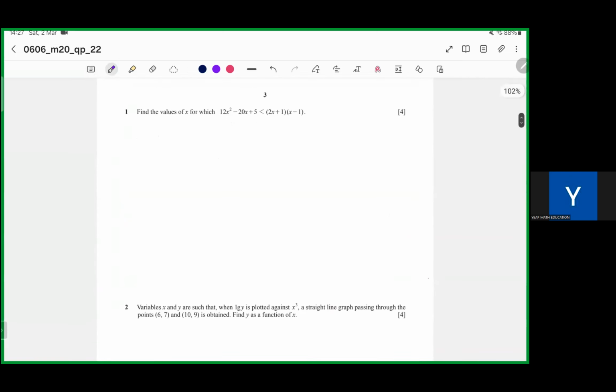Question 1 is about solving the inequalities. I just copy the question first. What we need to do is expand this part.